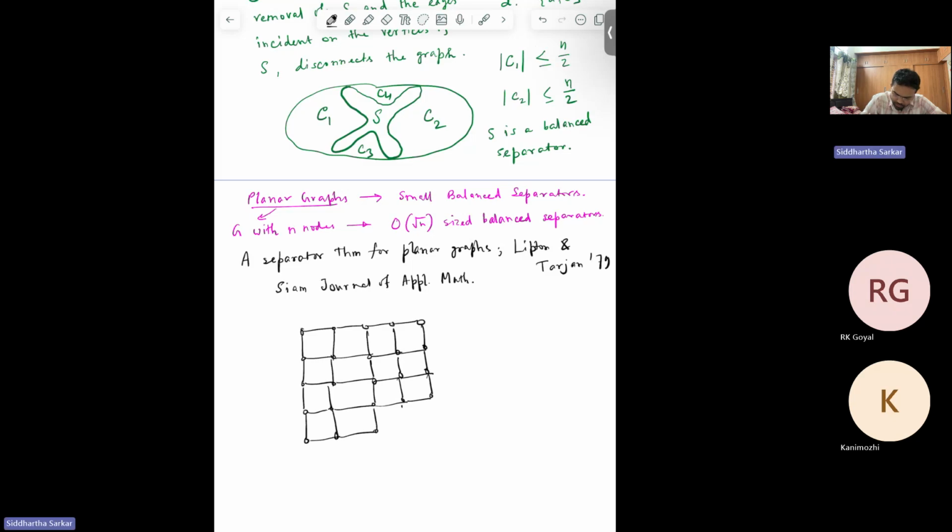It is known that the tree width of a k cross k grid is exactly k, for k greater than or equal to 2.